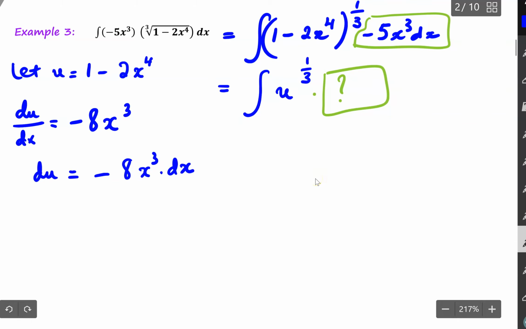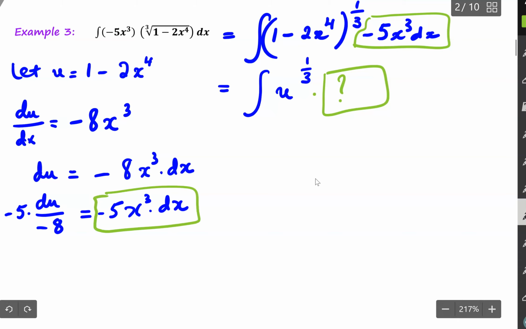I can divide both sides by negative 8. So du divided by negative 8 equals x to the 3 times dx. And I need a negative 5, so I multiply by negative 5 on both sides. Now you see the exact match already.